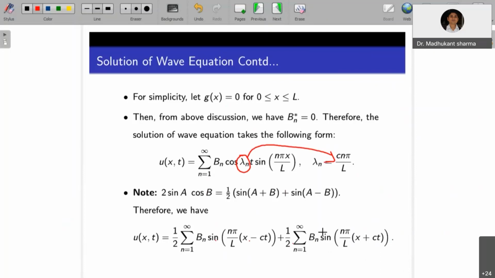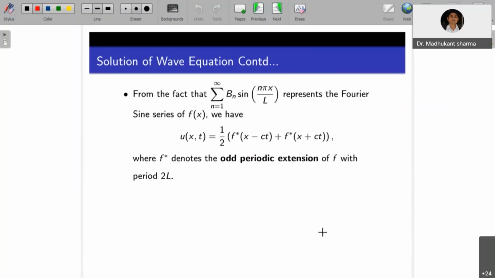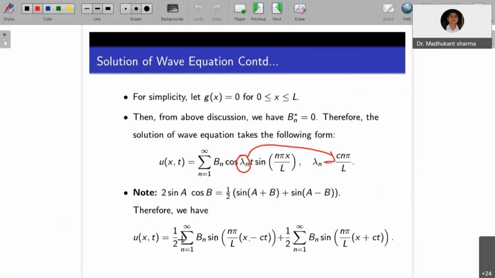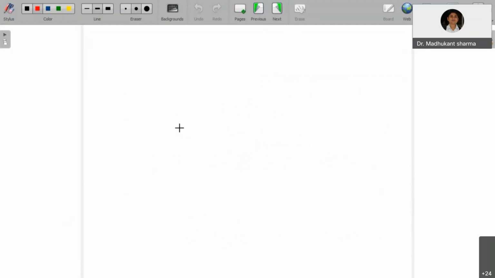So from the fact that the summation n equals 1 to infinity Bn sine of n pi x by L together represents the Fourier sine series of f, you can replace it by that. If you have forgotten, I may recall: f is a function defined on the interval 0 to L.